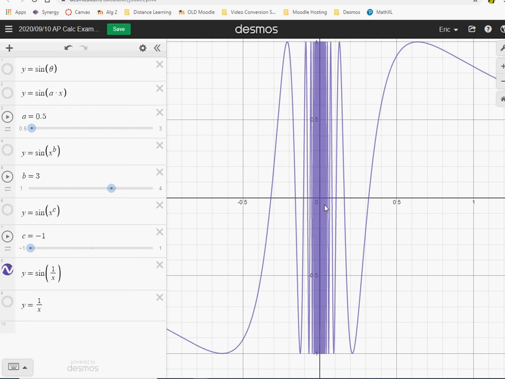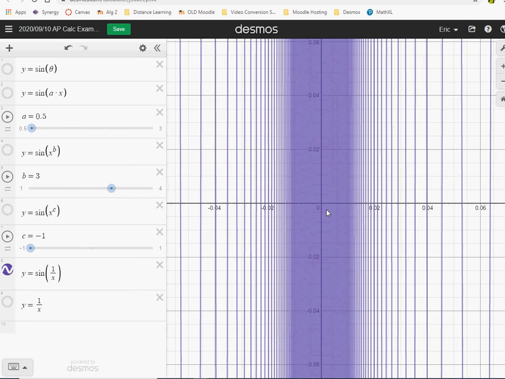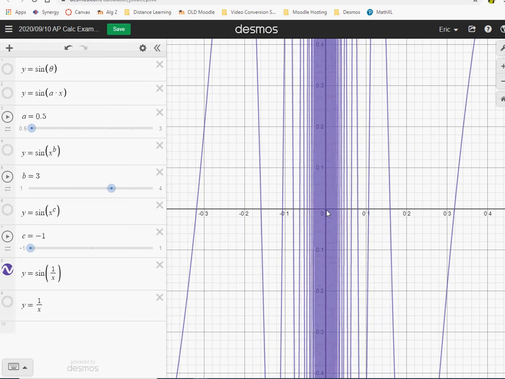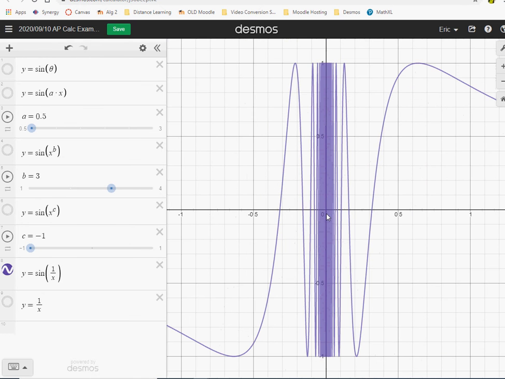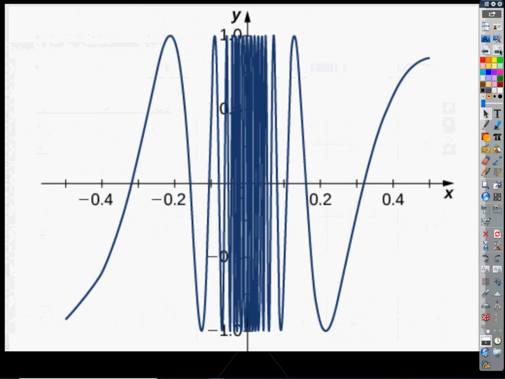In fact, Desmos does a pretty good job of trying to represent what this looks like, but not great. There are going to be some deficiencies here because this is a computer graphics situation where it can only graph things that are non-infinite. And so what we see, if we look at maybe a little better graph of that, here's just another representation.